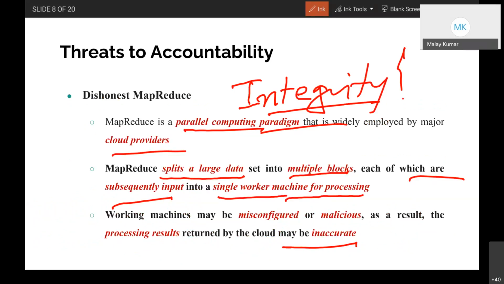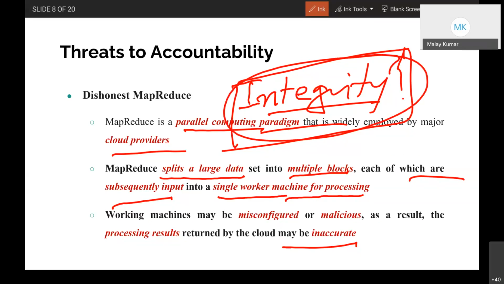Since this is a computational integrity issue, when you try to resolve it, you will implement a method which will verify the result in lesser time, or lesser complexity than the computation itself is taking.